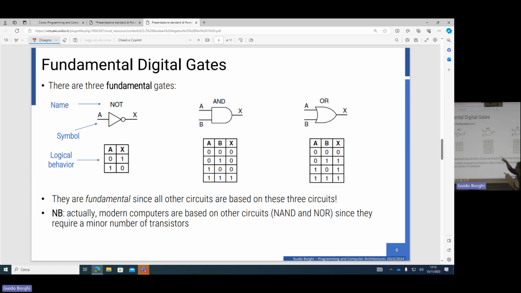In the first position, as you can see here, we have the name of the gate. In the second position, we have the symbol that we can use to represent this gate on paper, for example. And more important, in the last position, you can see a table. This table represents the logical behavior of the gate, the output of the gate given a specific input.